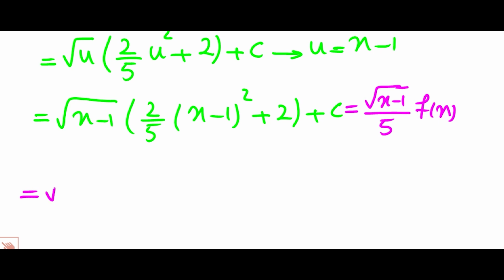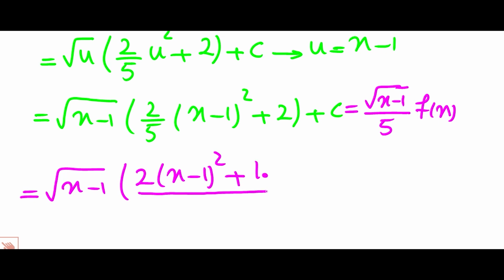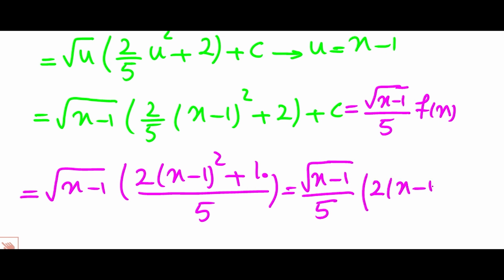So we have the square root of x minus 1 times (2 times (x minus 1) squared plus 10) over 5, right? So we have the square root of x minus 1 over 5 times (2 times (x minus 1) squared plus 10).